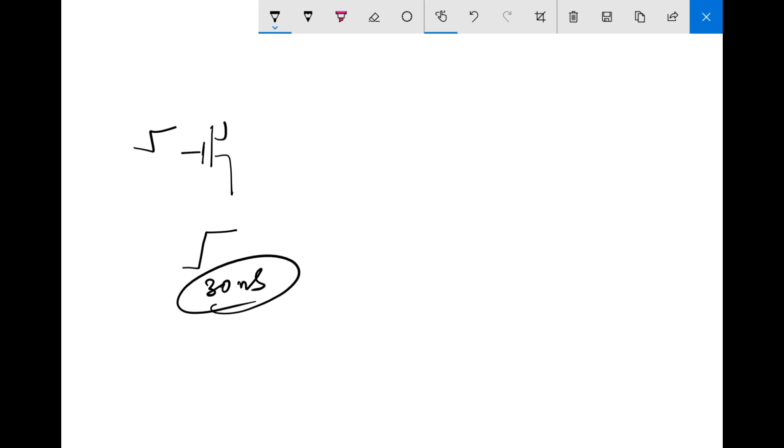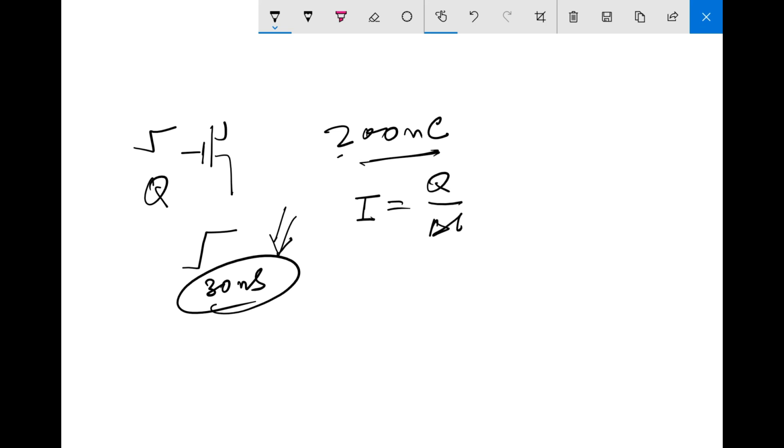So we need to feed in this charge, which is, let's say, 200 nanocoulomb. The current that we need if we want to feed this charge within 30 nanoseconds will be Q over delta T, and this is 200 divided by 30.